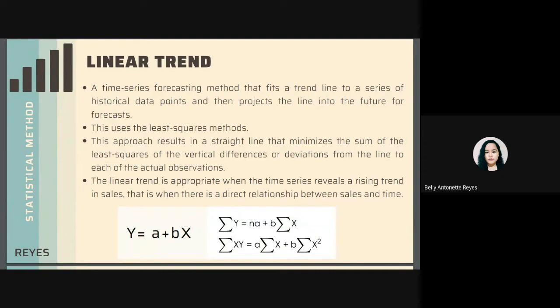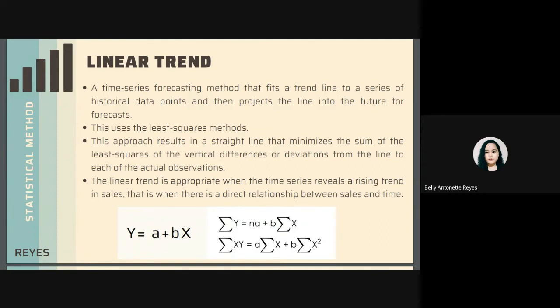The linear trend is also appropriate when the time series reveals a rising trend in sales, or in other words, there is a direct relationship between the sales and time. Mathematically, again, we have the formula y equals a plus bx, where y is our dependent variable, in this case our annual sales. The a is our constant or the intercept value on the graph. The b is the slope or the constant rate of increase.